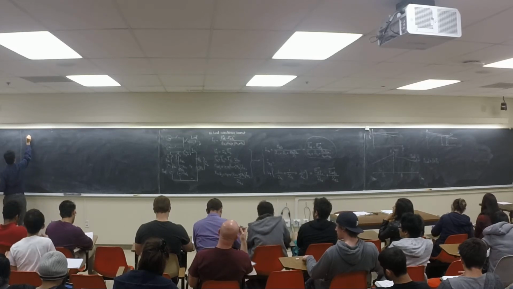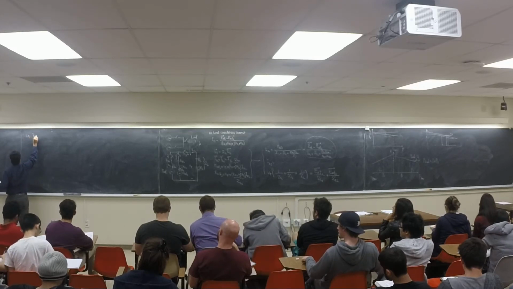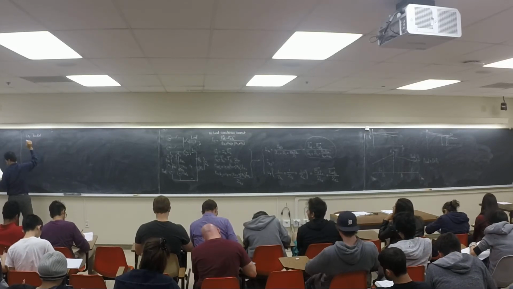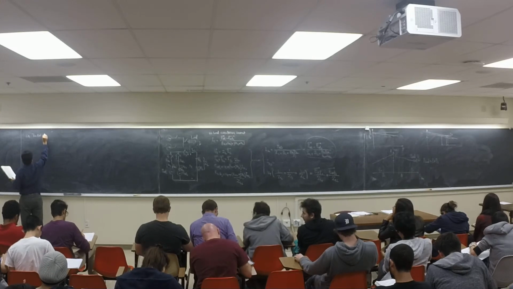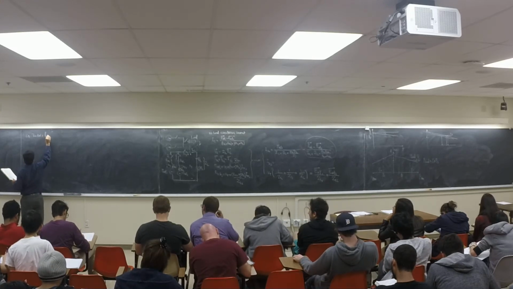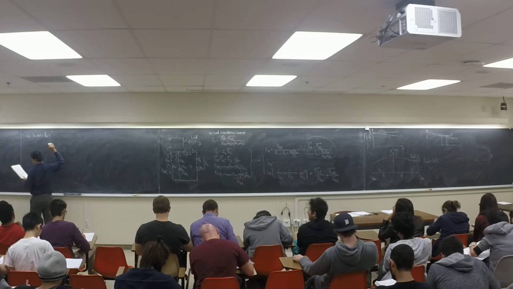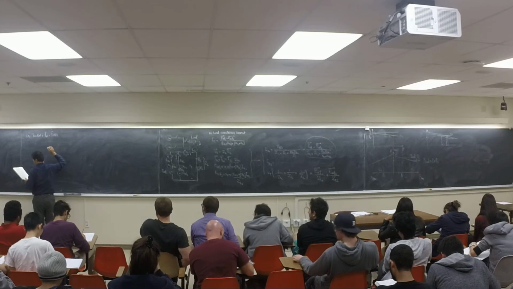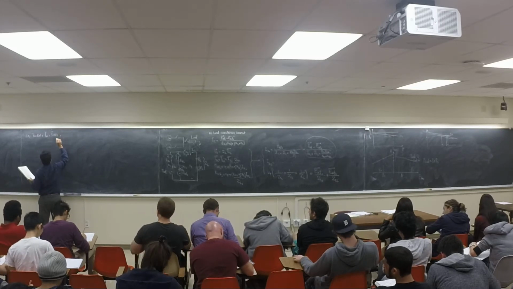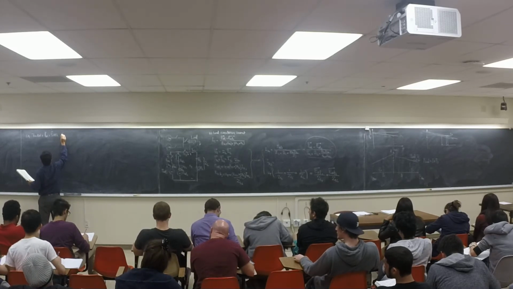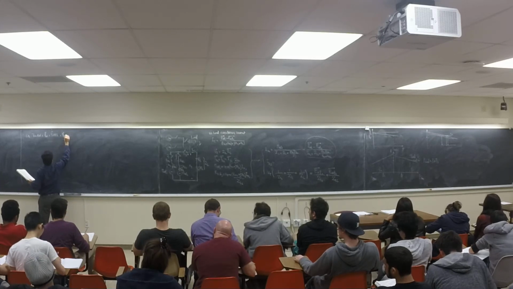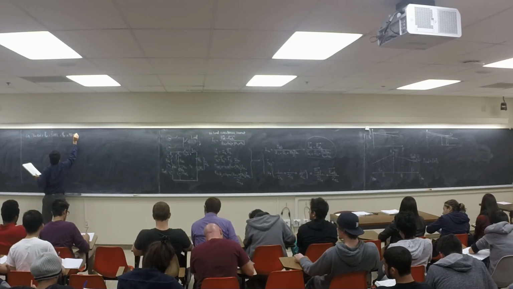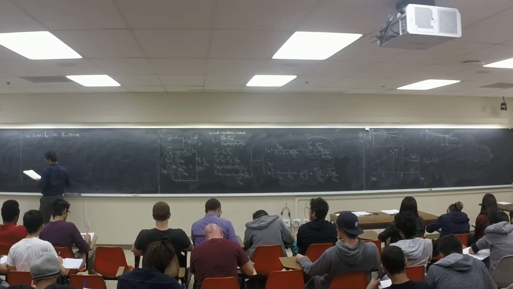Generator 1 is a 700 kilowatt generator. The F no load is 50 hertz, and F full load, I call it FF, is 48.5 hertz.